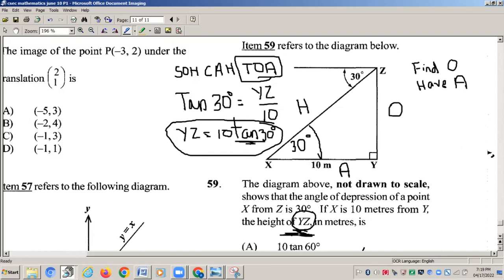So we want to find O, and we have A. So the formula must have O and A in it. You're talking about hypotenuse, but no, they didn't ask us to find a hypotenuse.